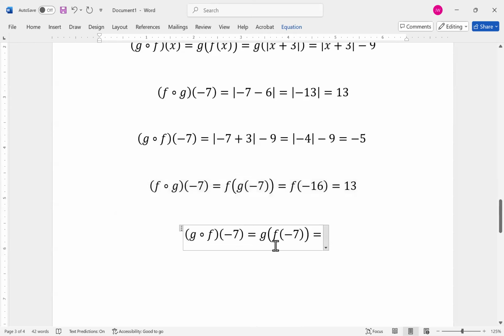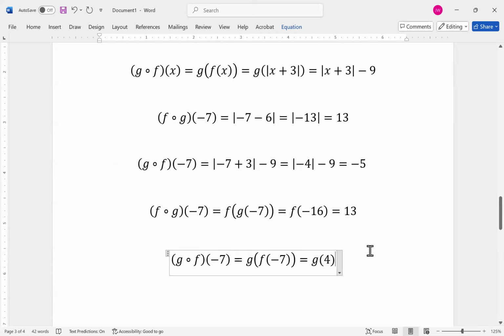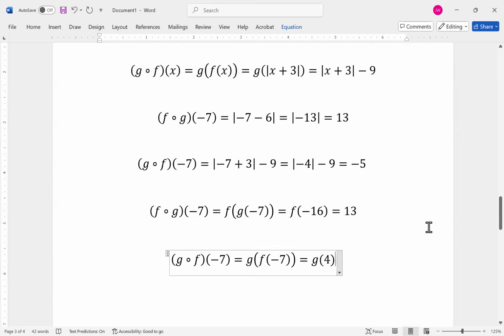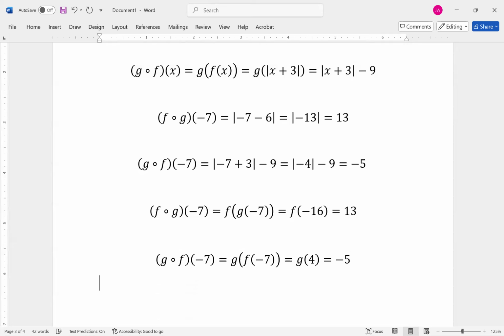So plugging in a -7 into the f, the output of f becomes 4. And so I plug that 4 into g. And then 4 minus 9 becomes -5. Again, either way, we're getting the same answer.